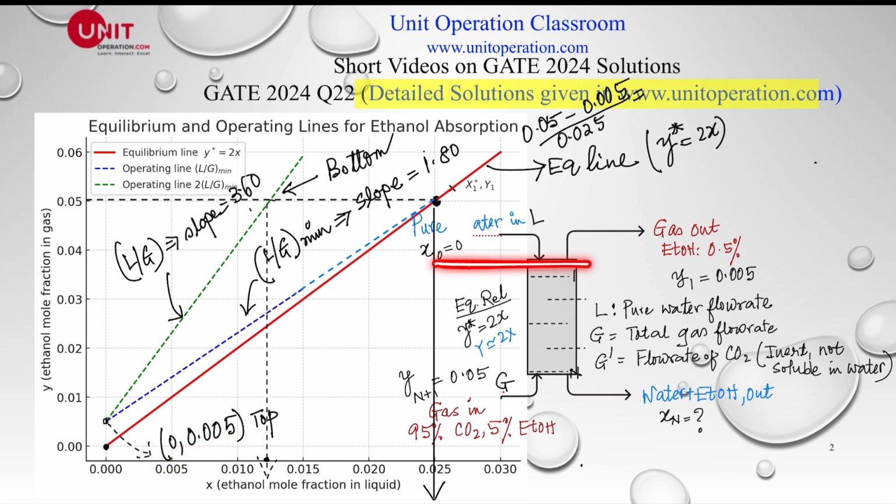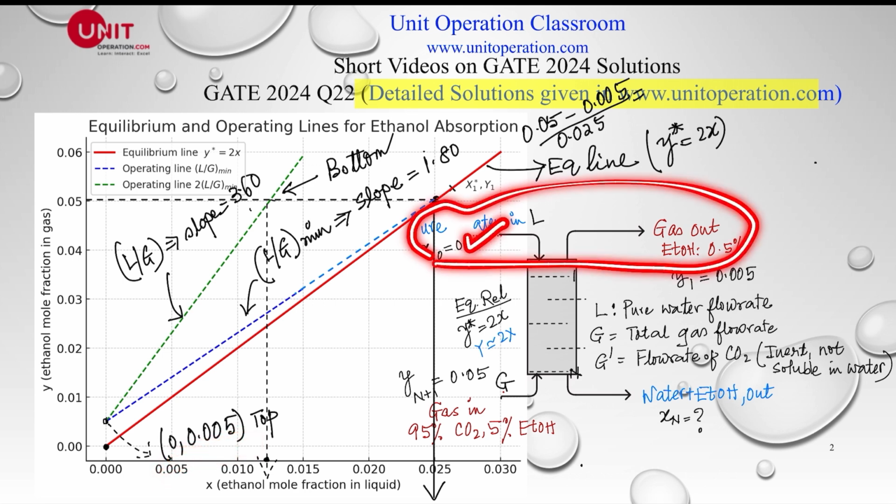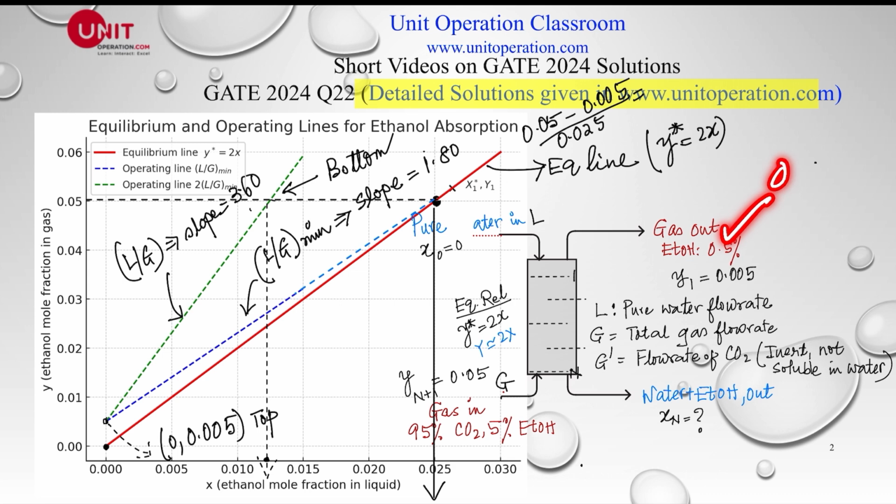So this is my top here. So this is my 0 and this is 0.005. So for minimum L over G, what I have to do. We know this operating line is going to intersect right here at the bottom, right at this point.